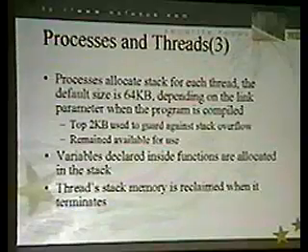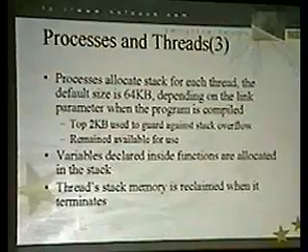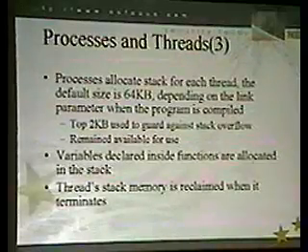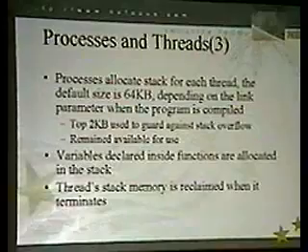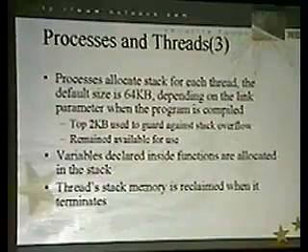The process allocates a stack for each thread. The default size is 64 KB, depending on the link parameter when the program is compiled. This size can be modified. The top 2 KB is used to guard against stack overflow.